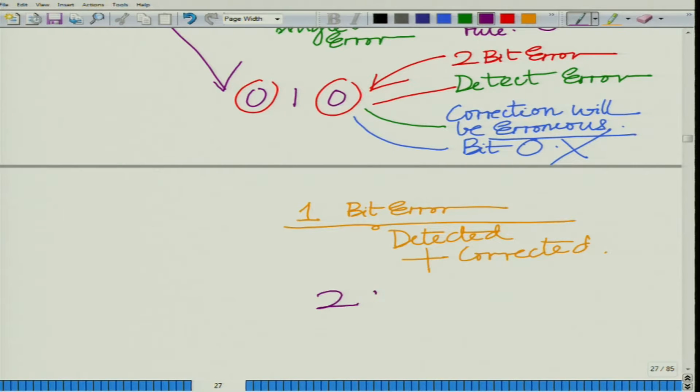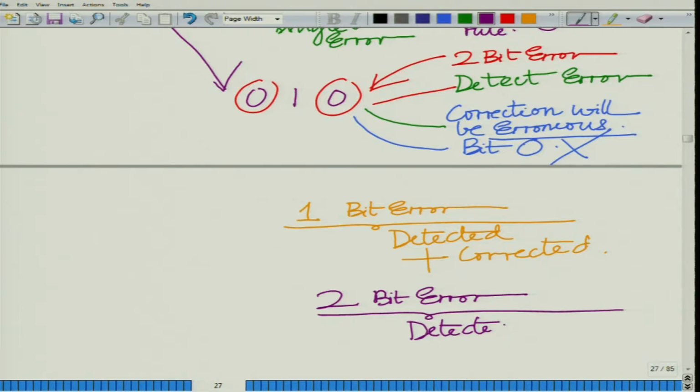However, if you have a 2-bit error, this is only detected but not corrected.